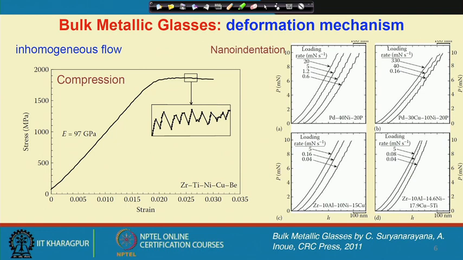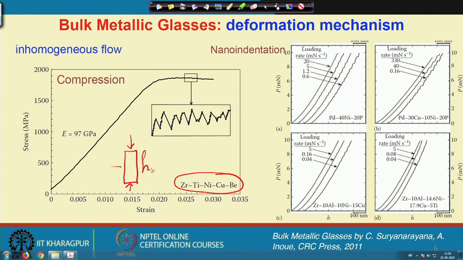Now, let us come to the inhomogeneous type of flow. Here, once again a derivative of a vitreloy glass was taken and kept under compression. For this compression, we take a sample of some height and some diameter.